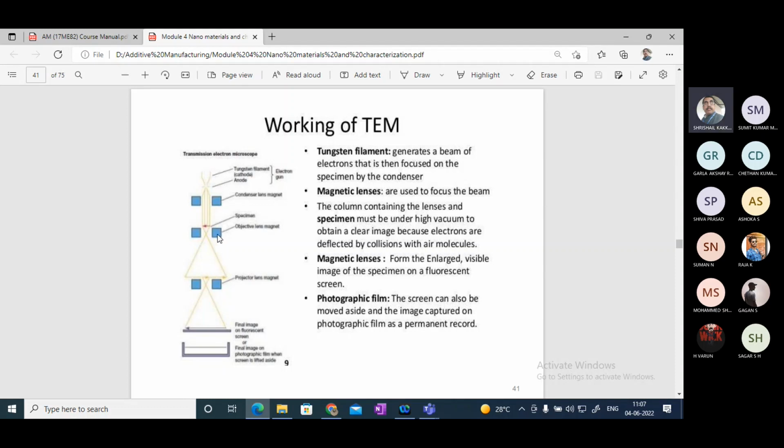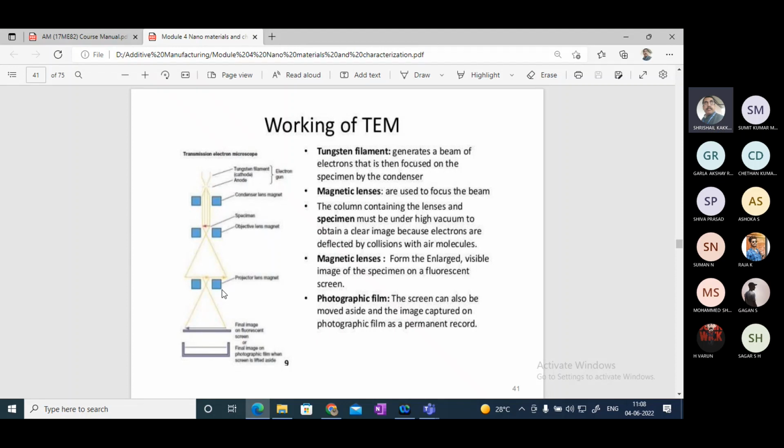The next one is the magnetic lens. What these magnetic lenses do is arrange all this in a systematic way. This is the projector magnetic lens. Its main purpose is that you can set how much magnification you require, so that the inverted image falls onto the screen.